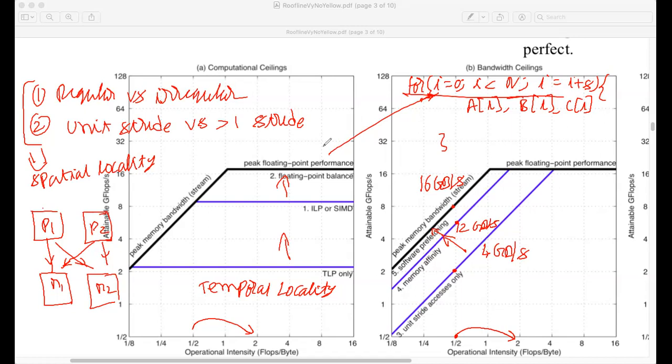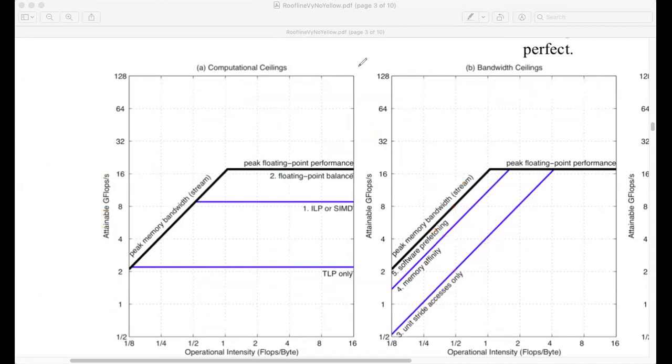In the vector add example, we did many of these things actually. Can you tell me what we did in the vector add example to lift up the roof? Loop unrolling.